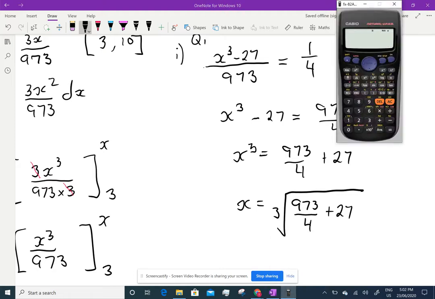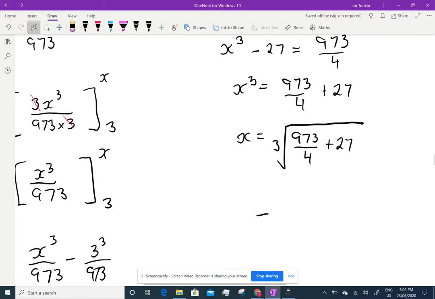So here we go. Let's get the cube root of 973 over 4, plus 27. 6.47 is Q1.